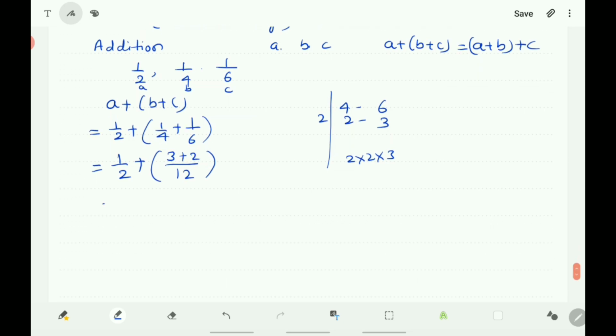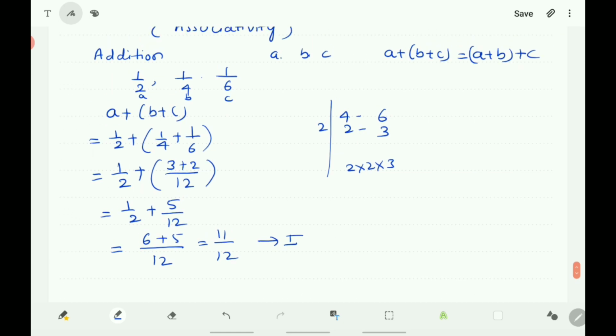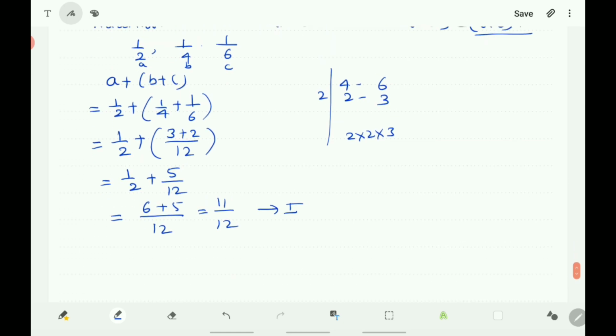So it is 1 by 2 plus 5 by 12. Then take the LCM of 2 and 12, it is 12 only. So you take 12, 2 sixes are 12, therefore it is 1 six is 6 plus 5 is equal to, you will get 11 by 12. Consider this is first.